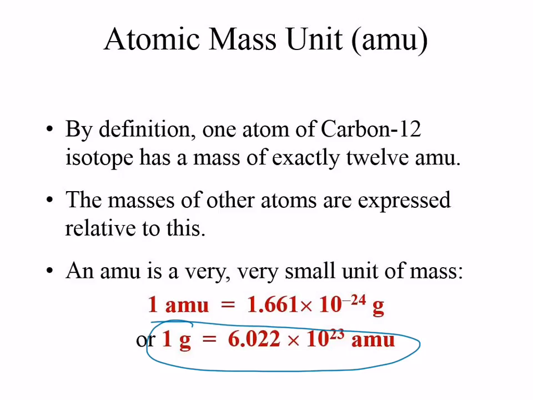So 1 gram is approximately equal to 6.022 times 10 to the 23rd atomic mass units. And this is Avogadro's number. And that's not just a coincidence that it works out that way.